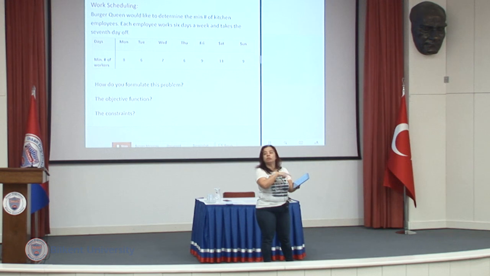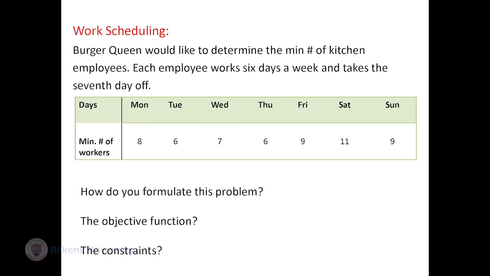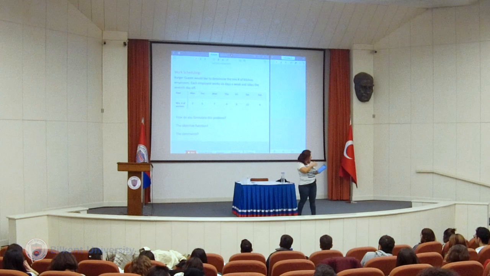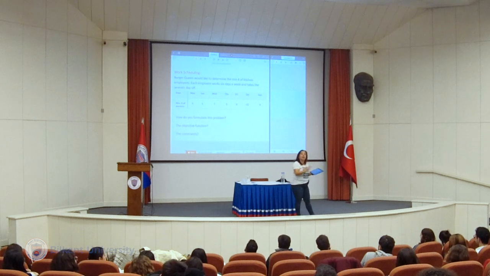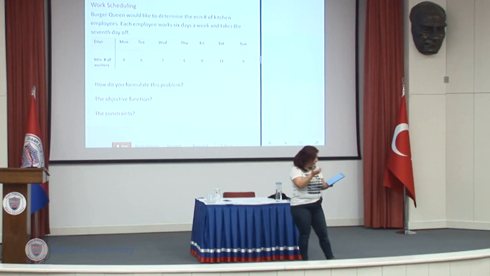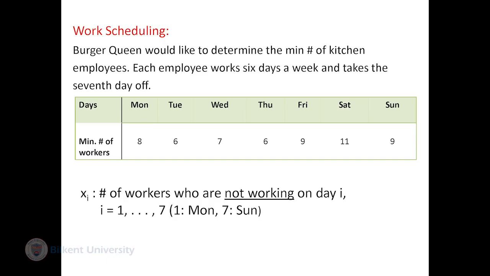I know how many workers I require each day in total, and I want to do this with the minimum number of workers. Yeah? I want to come up with a feasible schedule so that my kitchen is working with the minimum number of workers. Again, the next slide already has the decision variable, but be careful.